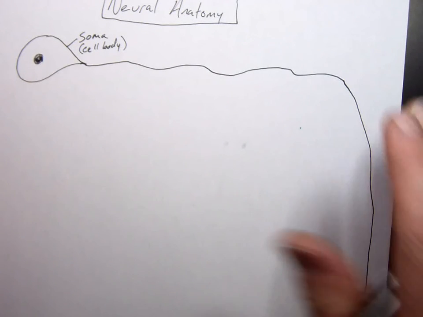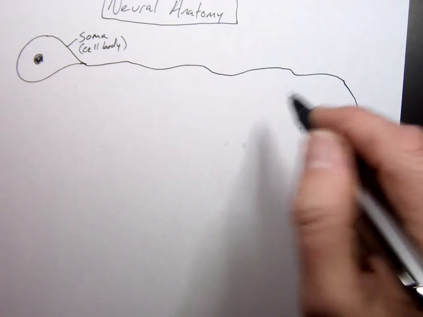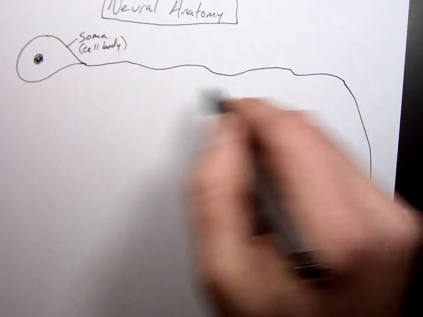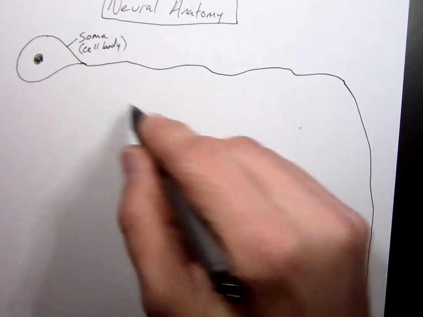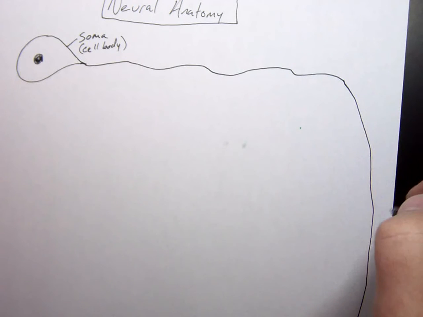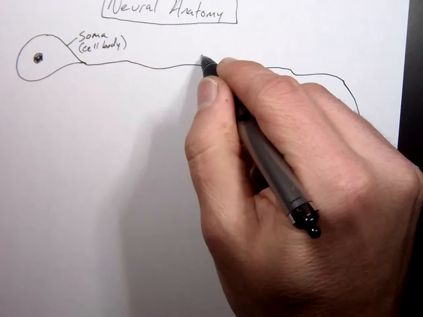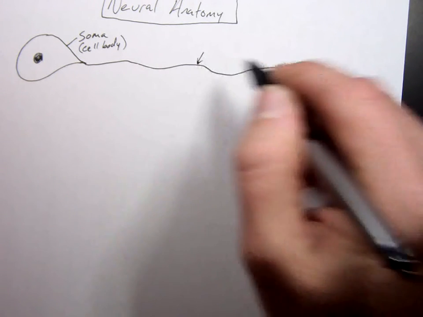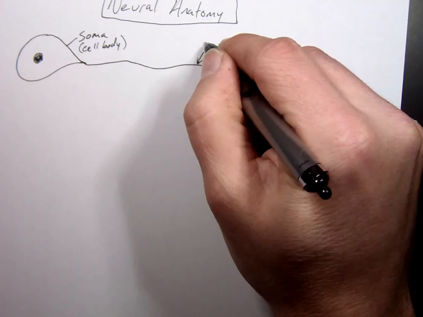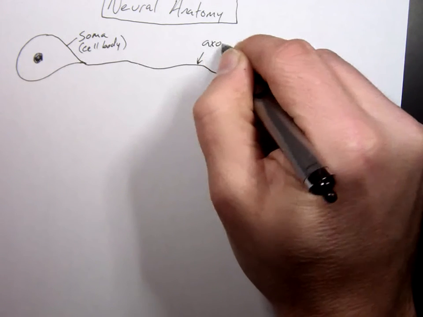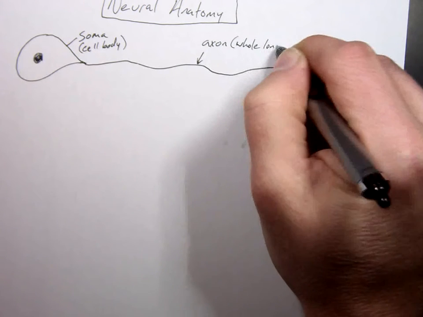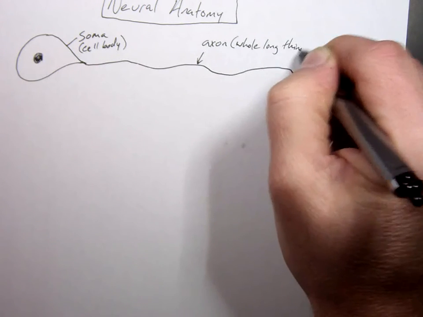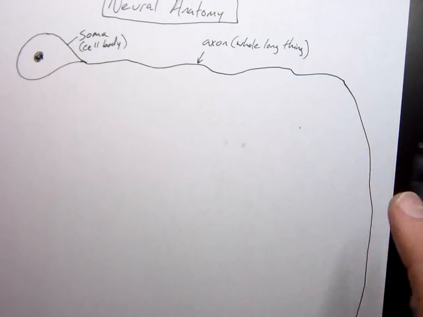Okay, this whole big shebang right here, some of you already know. What's this called? Just kidding, maybe you don't know. It's called the axon. It's the whole long thing. That's the wire part, gang.